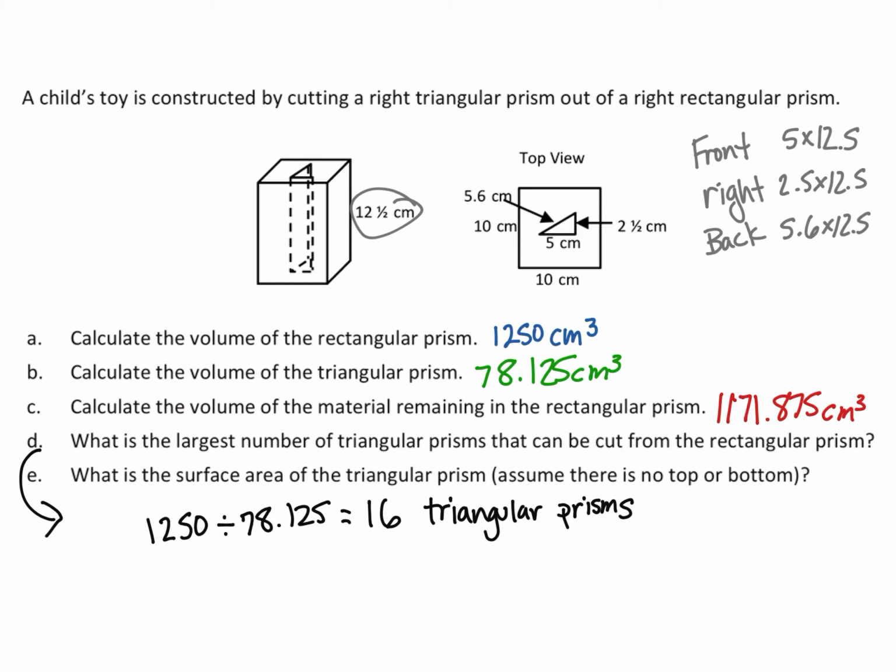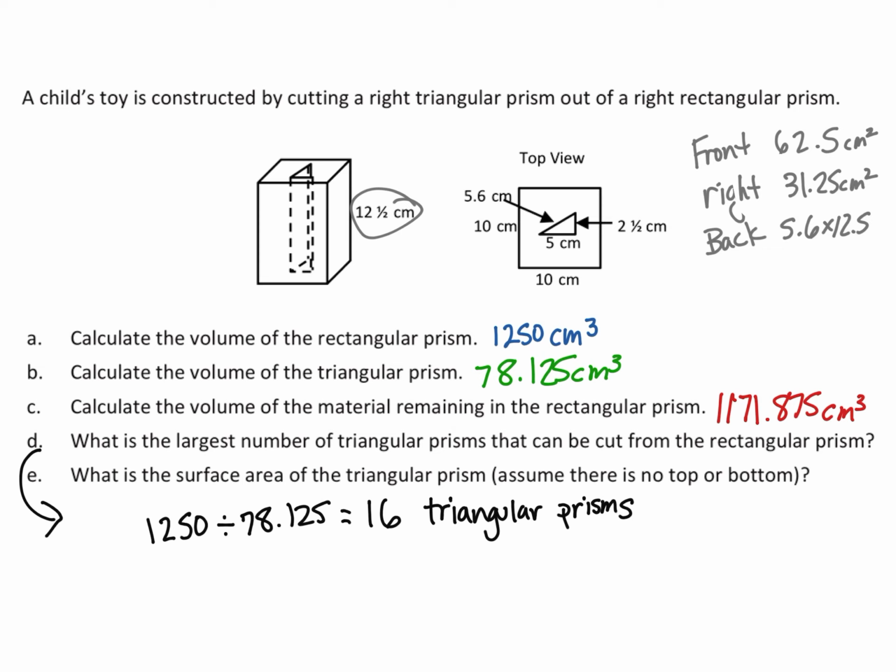And if you calculate those, the front is 62.5. And this is in centimeters squared because it's an area. The right is 31, oops, I still have the eraser. Is 31.25 centimeters squared.